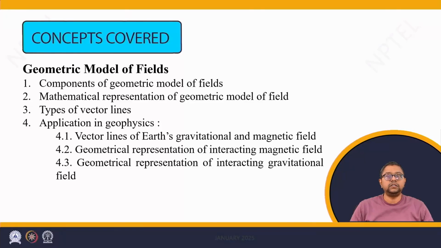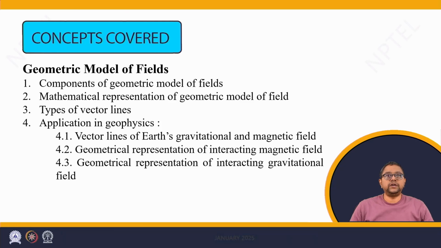In this lecture, we are going to cover the following concepts. The geometric model of fields, which is essentially a representation technique of the various types of fields which we have considered and discussed in previous lectures. This involves understanding the components of geometric models, the mathematical representation of geometric models, and various types of vector lines that can geometrically represent the field models.